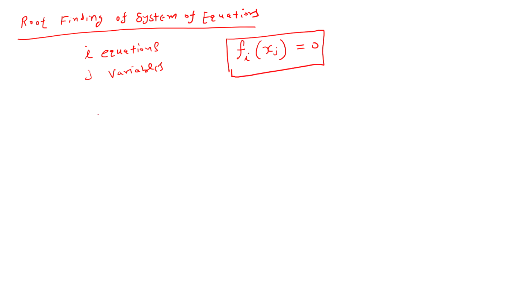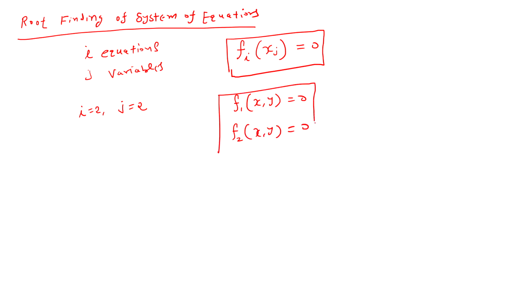For example, if I is equal to 2 and j is equal to 2, then we will have f1(x, y) = 0 and f2(x, y) = 0. So this is what we are talking about. These are two equations and we need to find the solution x and y for which f1 is equal to 0 and f2 is equal to 0.